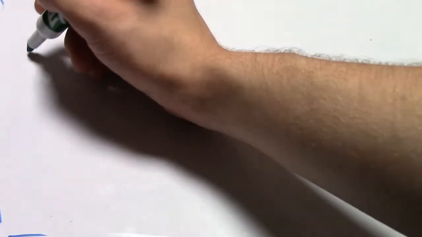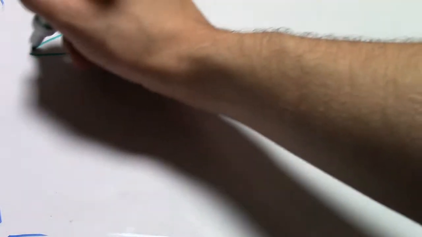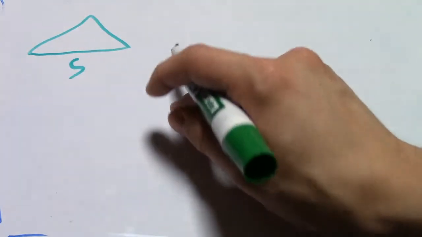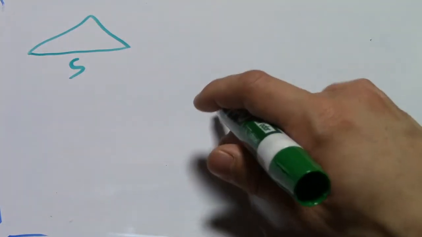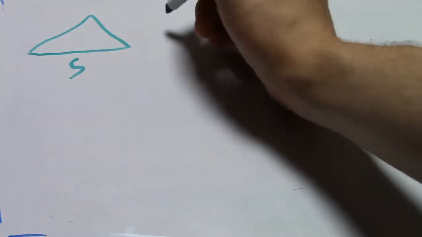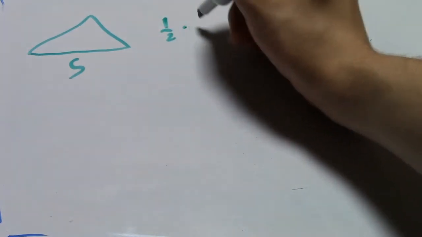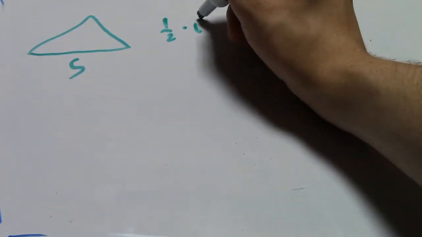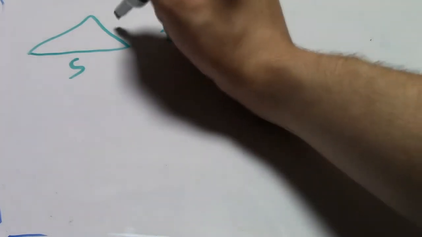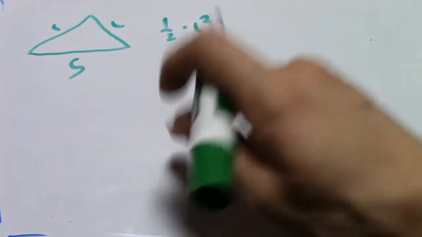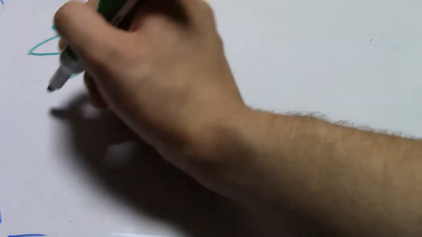Here we need to find the cross-sectional area of an isosceles right triangle with the hypotenuse as the side. Now, as you remember from the previous segment, the area of that was 1/2 times the leg length, or L, squared. So we need to find these leg lengths in terms of S. And to do that, we will use Pythagorean theorem.